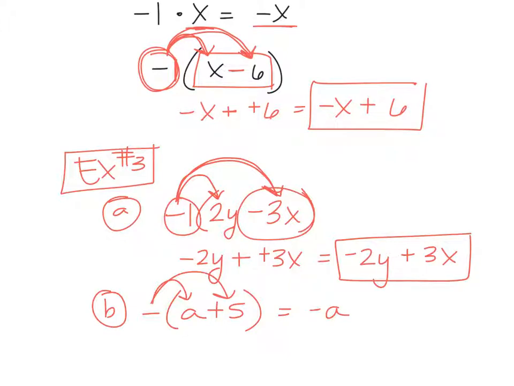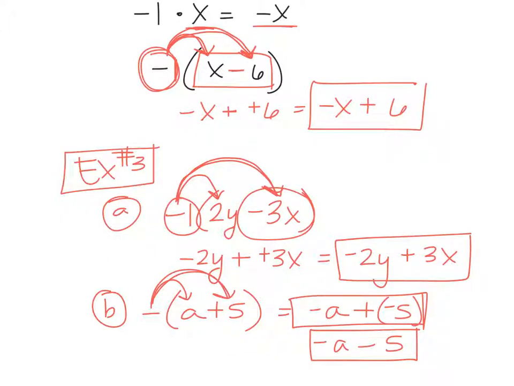Plus -5, or you could say minus +5, right? So we're adding. When we distribute that negative, it would be plus a -5. So you can write it as -a plus a -5, but even more simplified than that would just be to say -a minus 5. Okay? Either one of those is fine. I will take either one.